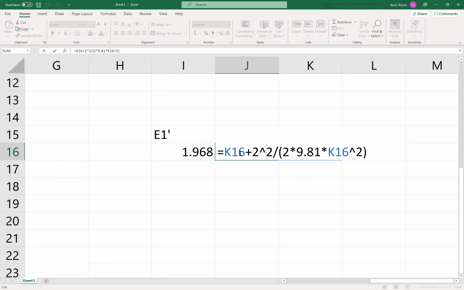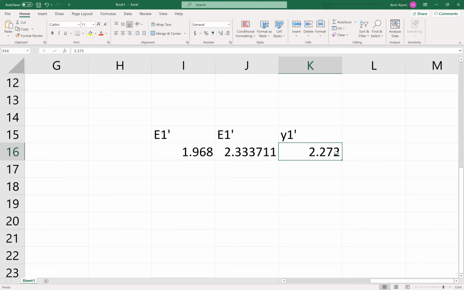So Y1 prime plus 2.5 to the power of 2 divided by 2 times 9.81 times Y1 prime squared. Okay, so I start with 1.75, to see if I get the same value.